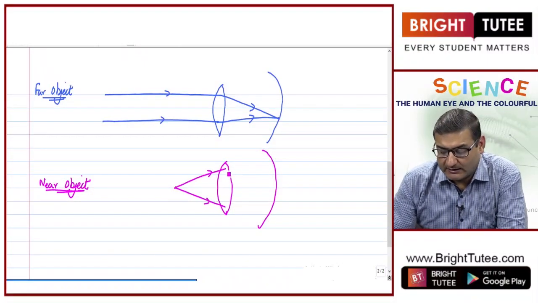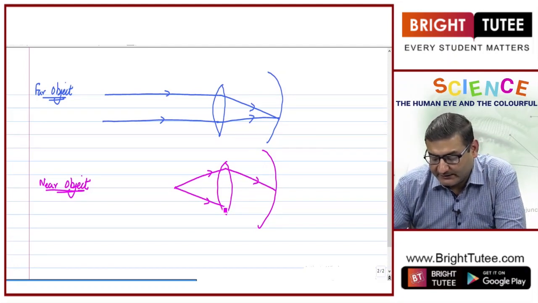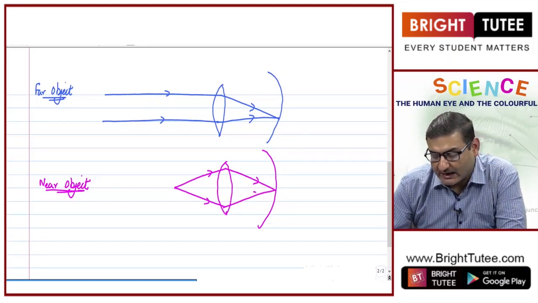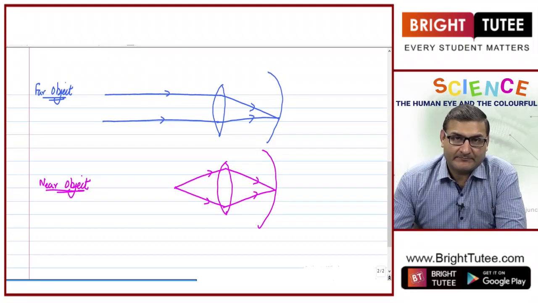Here also our eye lens will converge these light rays so as to form an image on the retina.